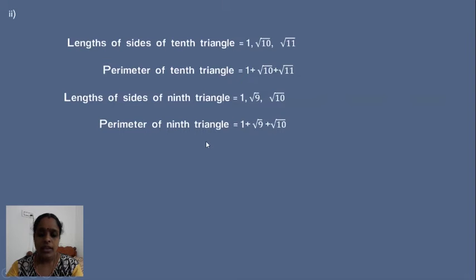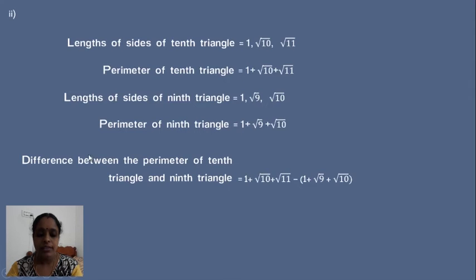So here we find the difference of these two perimeters. That is the difference between the perimeter of 10th triangle and 9th triangle. So here we write first the perimeter of the 10th triangle, that is 1 plus root 10 plus root 11, minus the perimeter of the 9th triangle, that is 1 plus root 9 plus root 10.